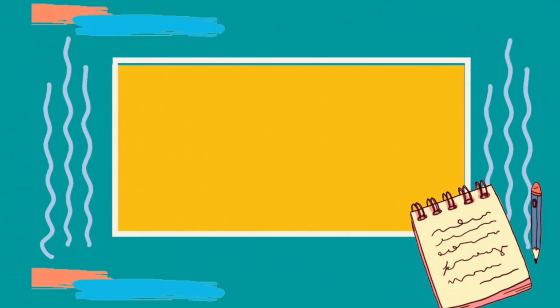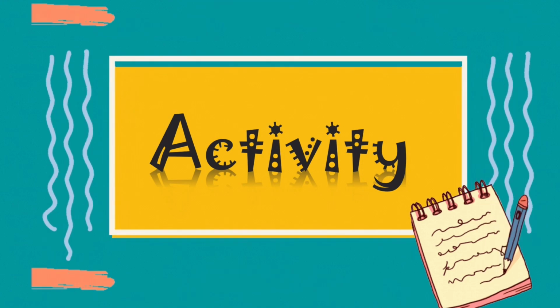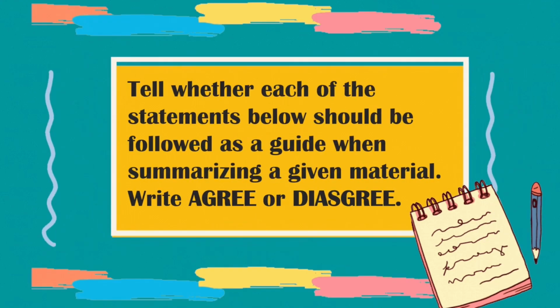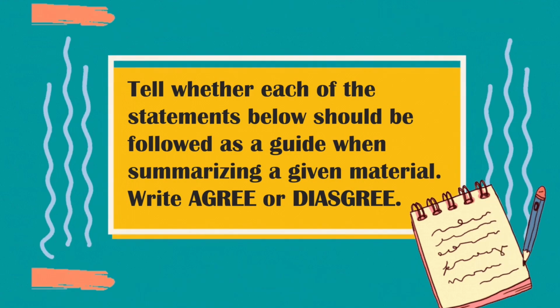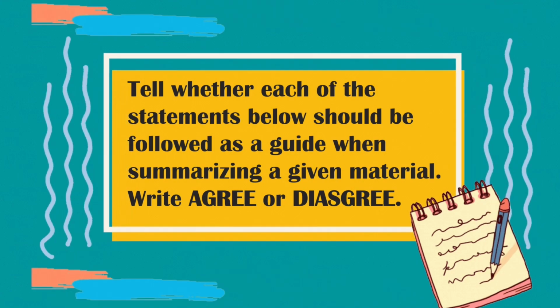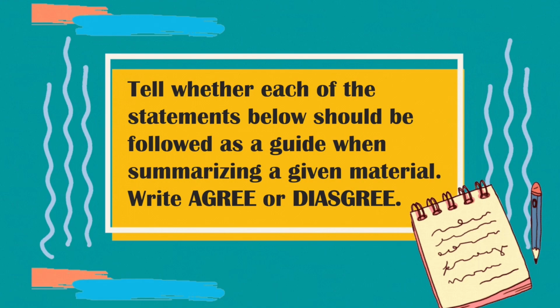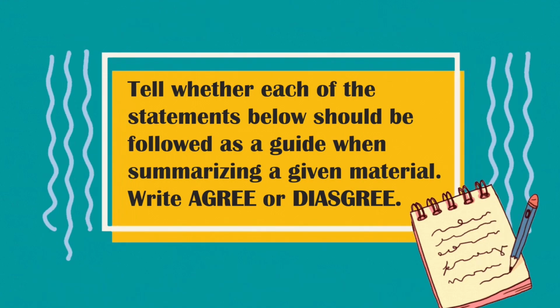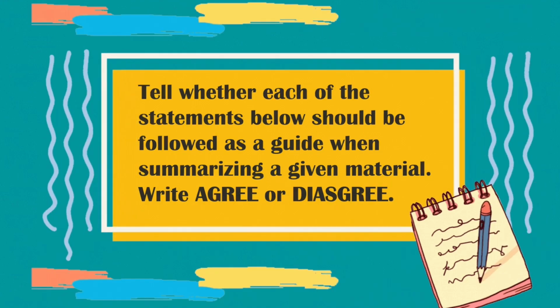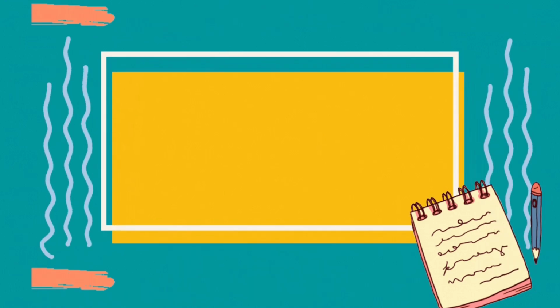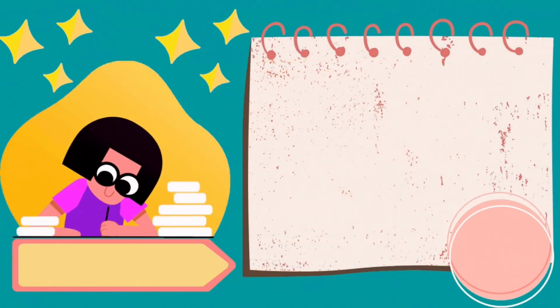Now get your pen and paper and let's try to answer this activity. Tell whether each of the following statements should be followed as a guide when summarizing a given material. Write agree or disagree. Number 1.